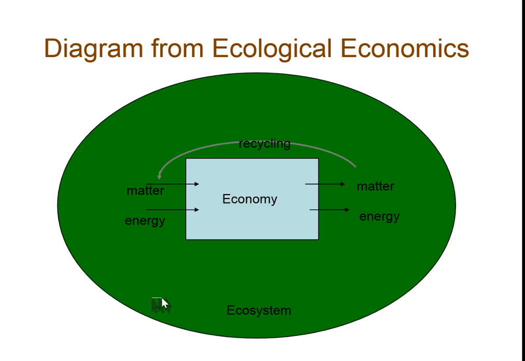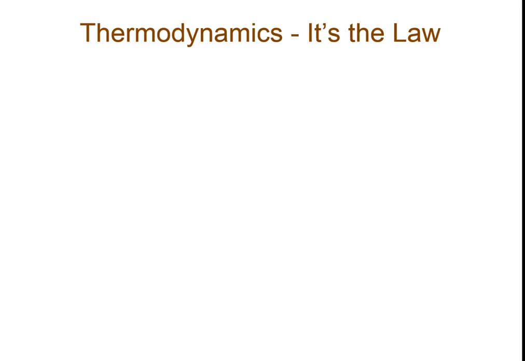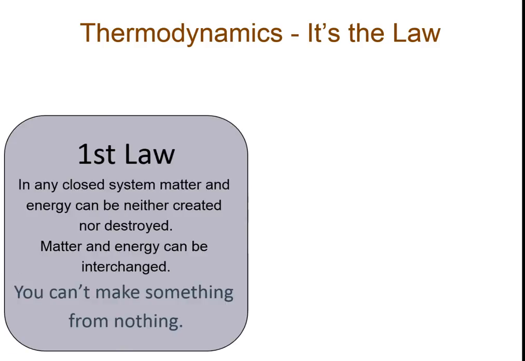And so what the daily text draws from is the laws of thermodynamics. In a closed system like this, matter and energy can neither be created nor destroyed. So you can't make something from nothing.